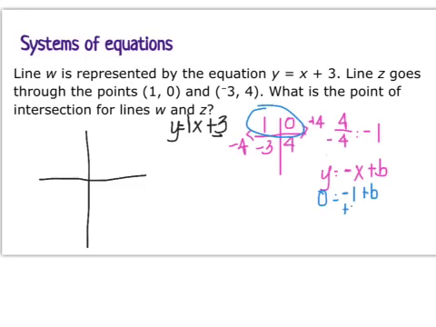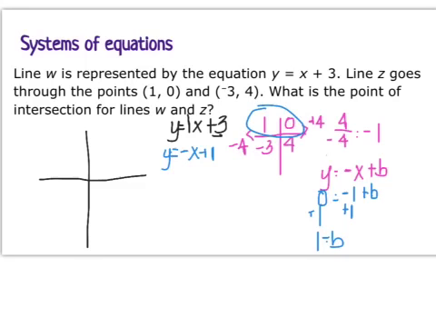I'm going to add 1 to both sides, and I get 1 equals b, my y-intercept. So my second equation is y equals negative x plus 1.